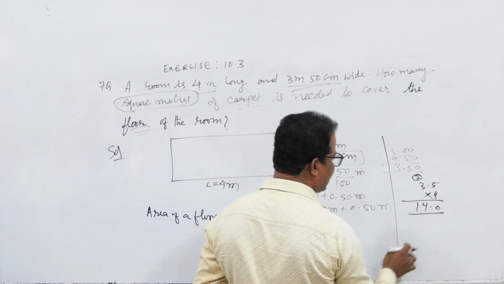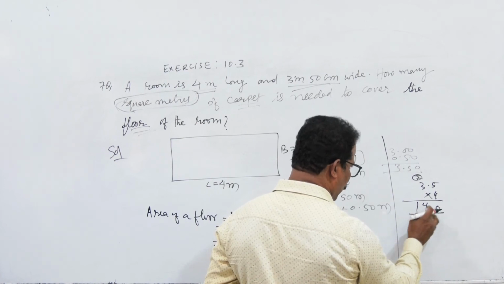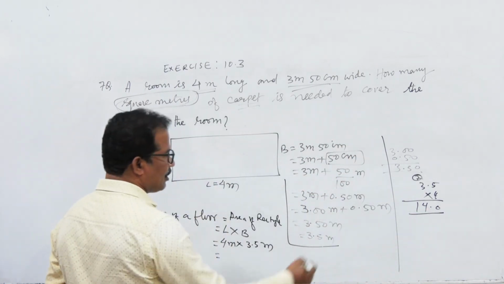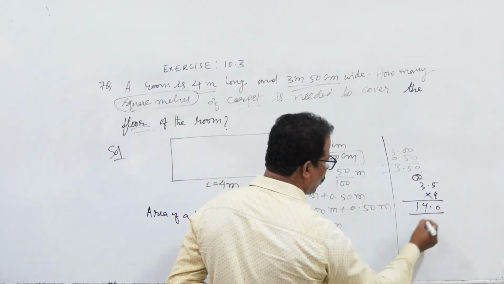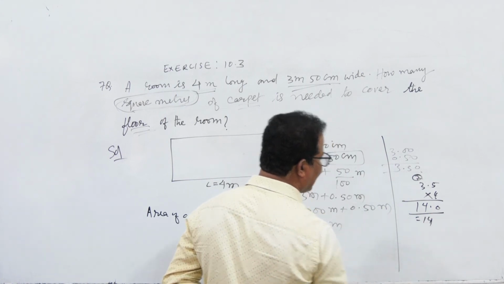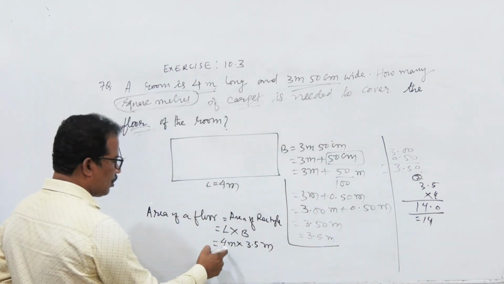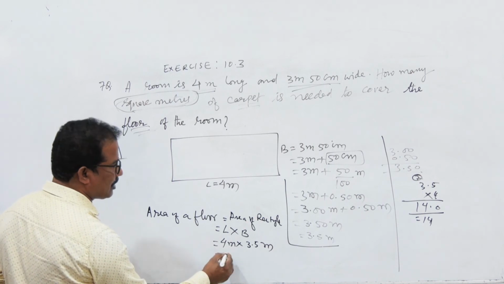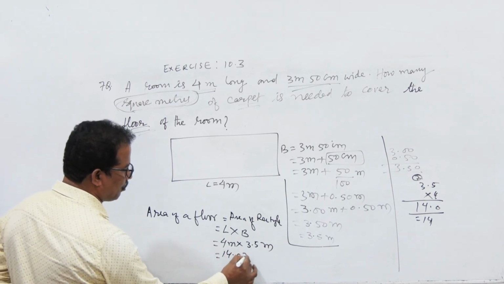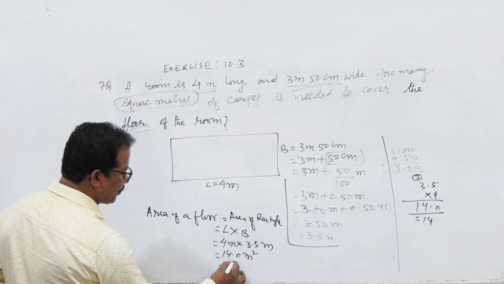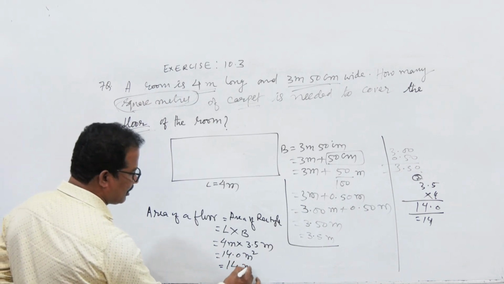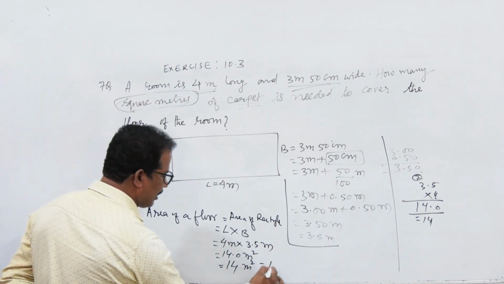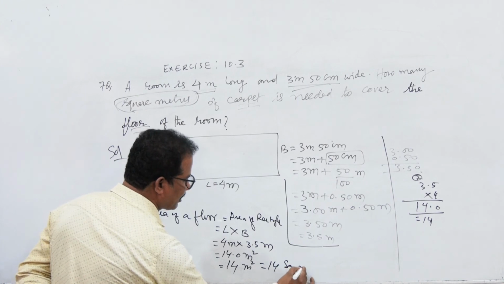Right to left, one place is like this, 0. So we can write 14.0. So after the decimal only 0 means we can omit this and write simply 14. So 3.5 meter into 4 meter is equal to 14.0 square meter. For this we can write simply 14 square meters only.